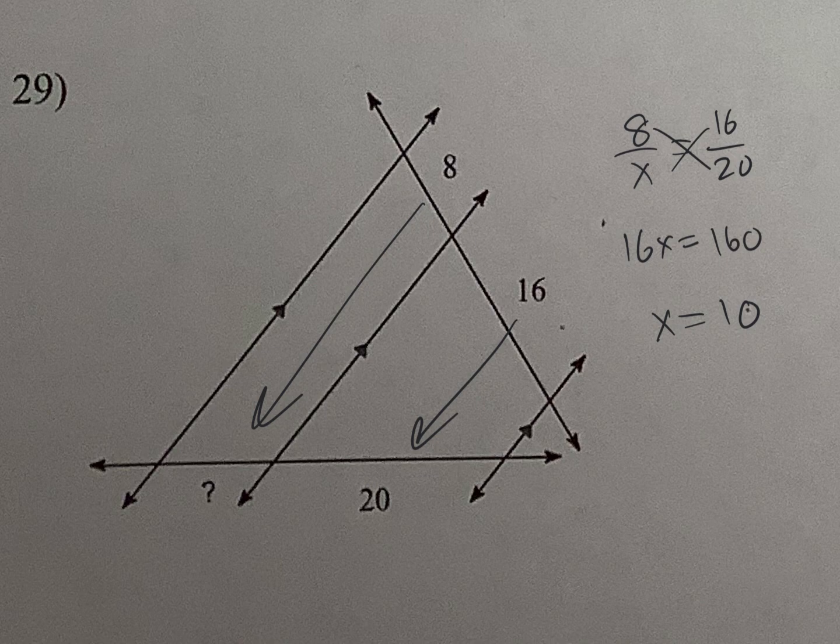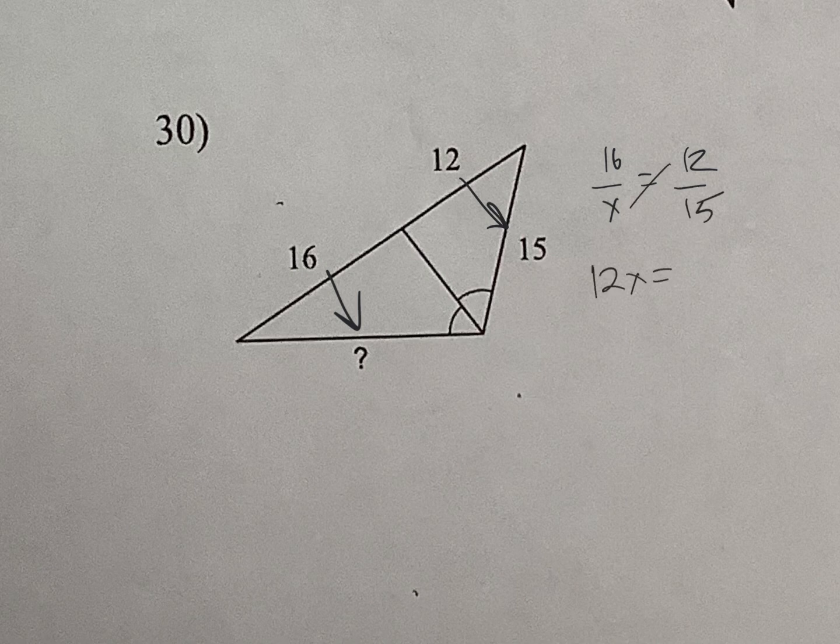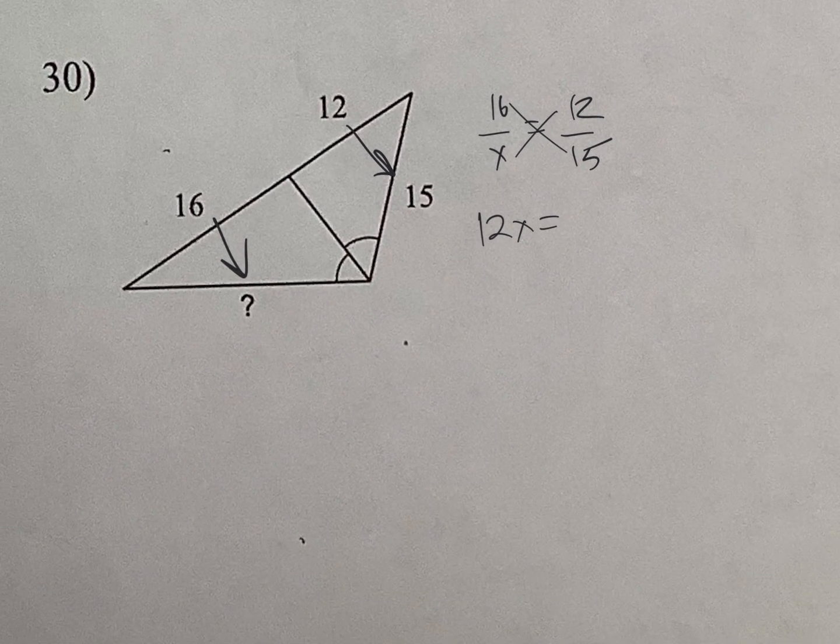Okay, number 30. 16 is to x again, as 12 is to 15. Cross multiply. 16 times 15 is 240. And divide by 12, and you get 20.